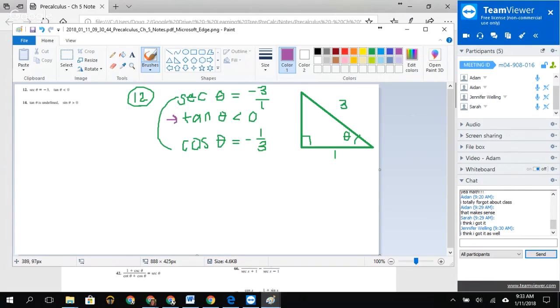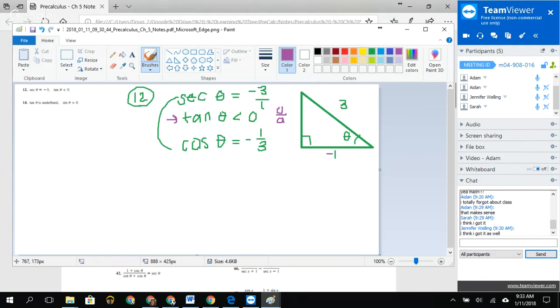So we know that the tangent of theta is less than 0. The tangent represents the opposite over the adjacent, so that means it's a negative value. Then I'm going to assume that the 1 is what carries the negative sign, not the 3.